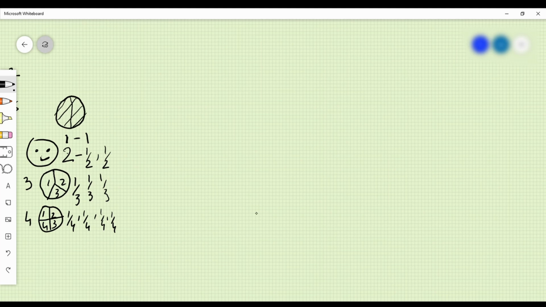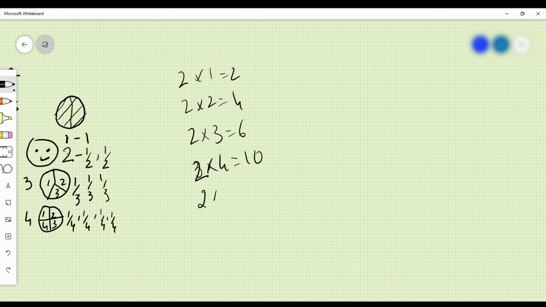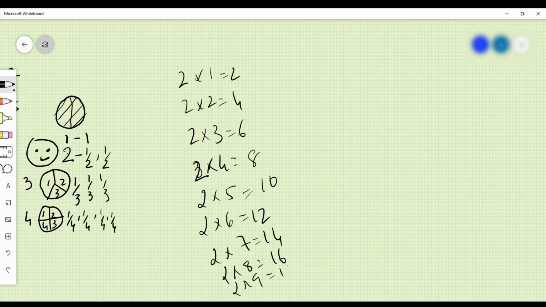So let's say if I see the table of 2, it's 2 times 1 equals 2, 2 times 2 equals 4, 2 times 3 equals 6, 2 times 4 equals 8, and this one is 10, 2 times 6 equals 12, 2 times 7 equals 14, 2 times 8 equals 16, 2 times 9 equals 18, and 2 times 10 equals 20.